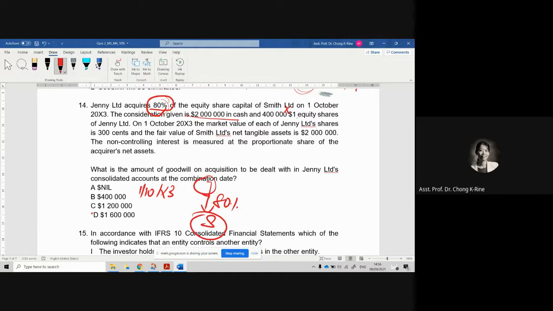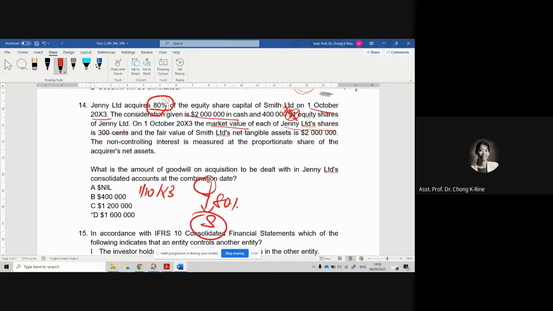However, you have to check this $1. Is it the share price on the acquisition date? Then you multiply. If it is not, then it is not. Okay, so you see, there's a market value of Jenny shares on the acquisition date, which is 300 cents. It means this $1 is not.